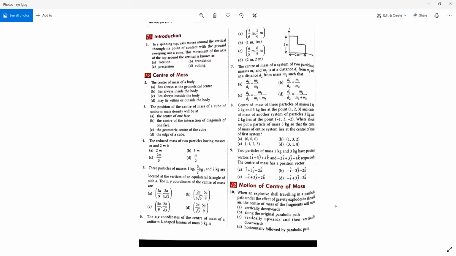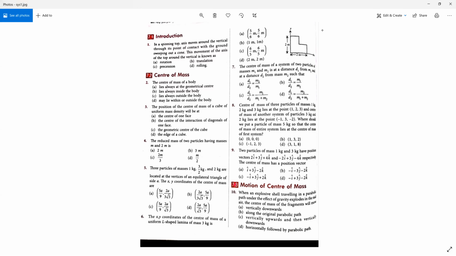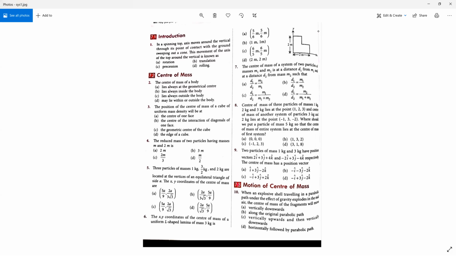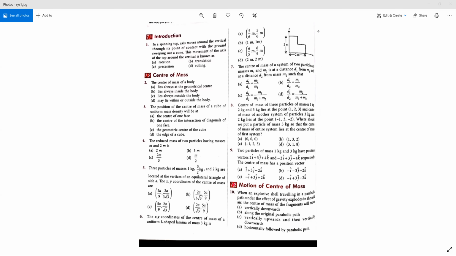The right option, which one? The eighth one is the right answer.